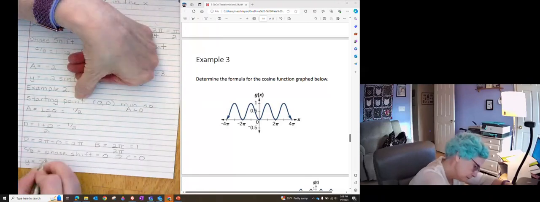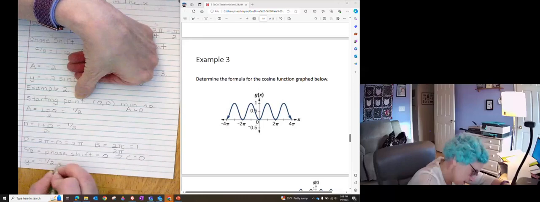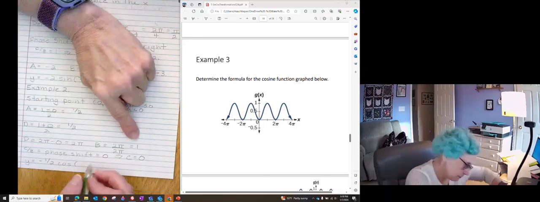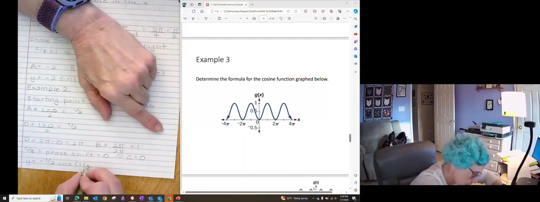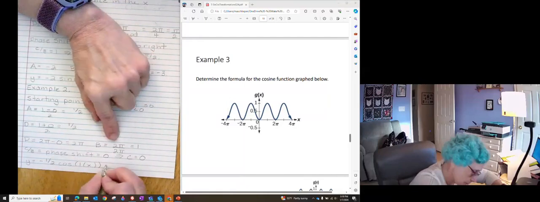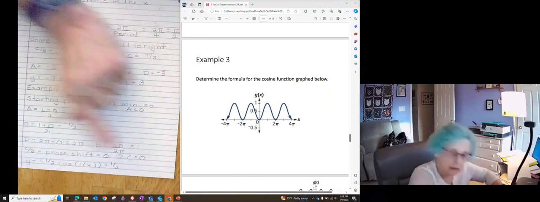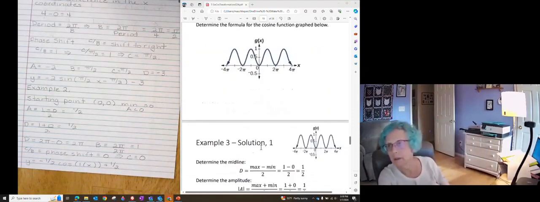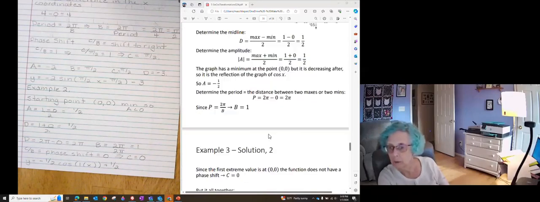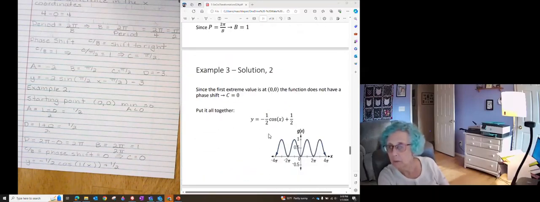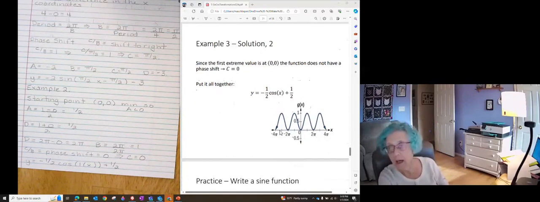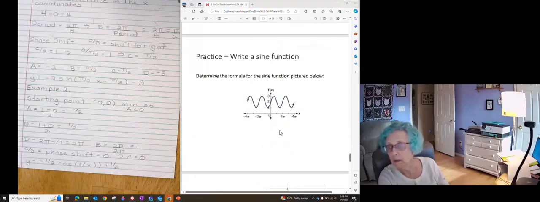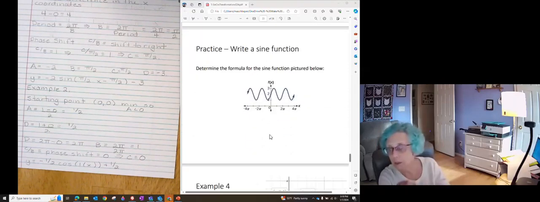So minus 1/2 times cosine of b, which is 1, so just 1 times x minus c, which is 0, and then plus 1/2. Let's see how we did. Negative 1/2 cosine of x plus 1/2. We did great.